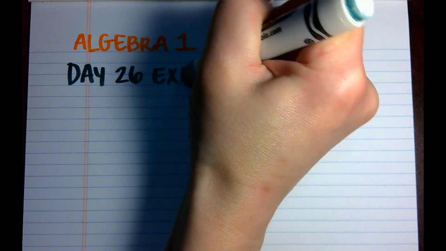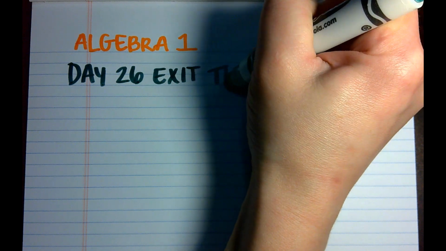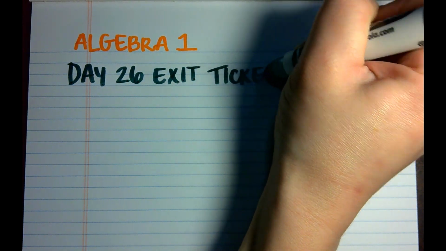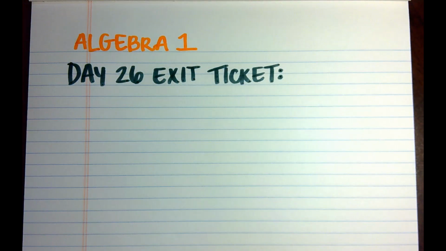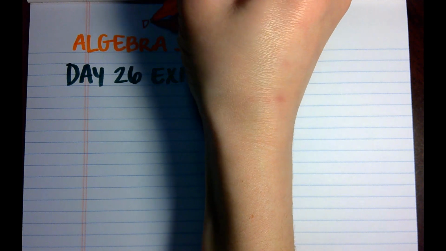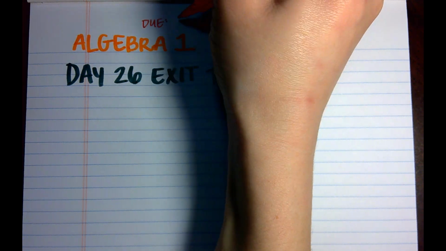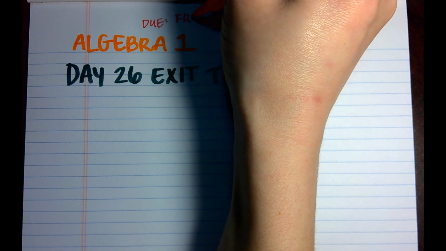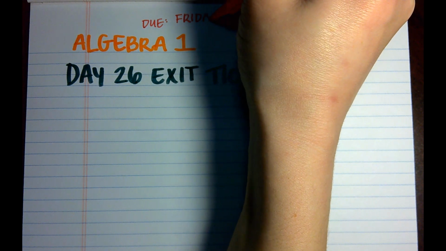Algebra 1. Pretty wild. This is our day 26 exit ticket. This is, as always, due on Friday. And remember, you may make corrections up until Friday as well.